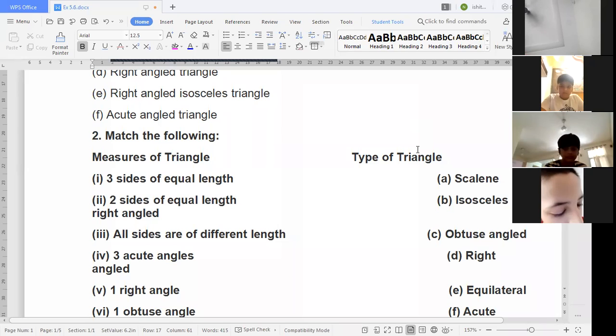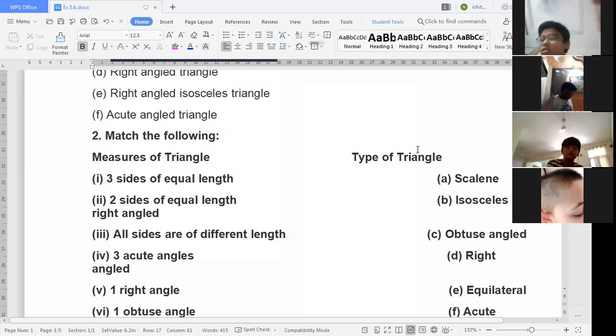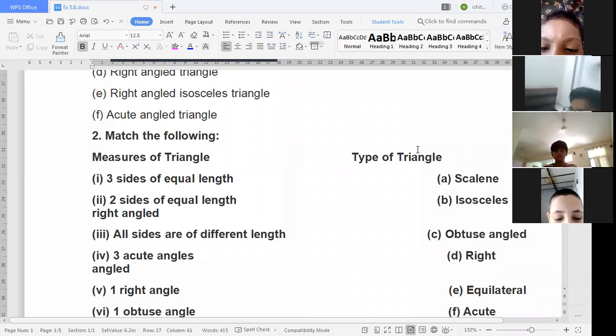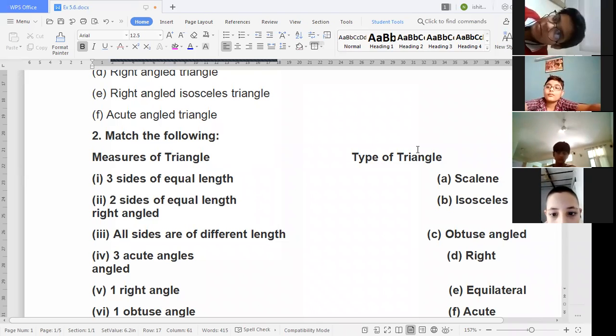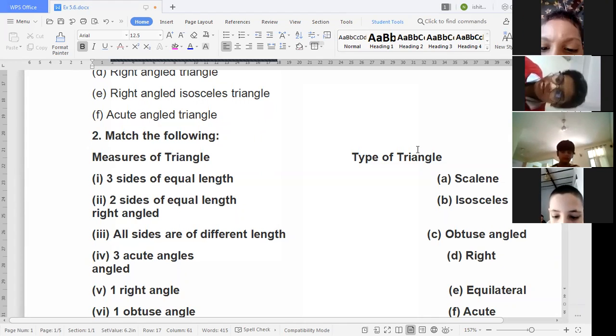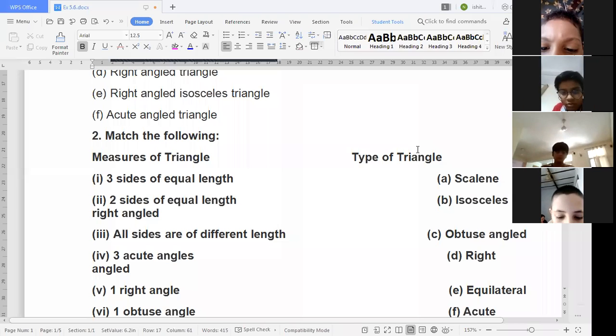Very good. Naman Sharma, tell me the fourth one. Three acute angles. Aditya, Arsh, you are correct. You're not audible. Write in the chat box. Your voice is very low. I can't hear you, Naman.